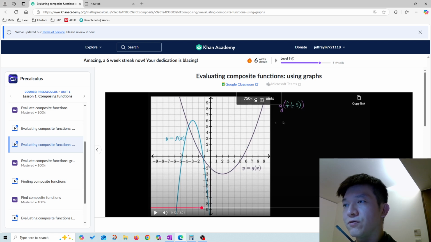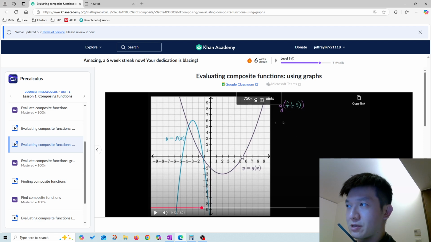Right? So same thing here, where you try to find negative 5, that corresponds to where on the graph of this function, right? The graph of this function is right here, the blue line, the blue quadratic function here. That corresponds to your value on y, which is negative 2.